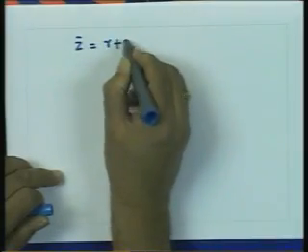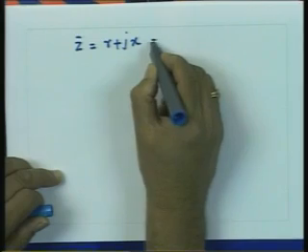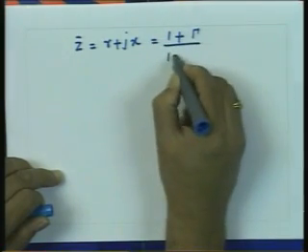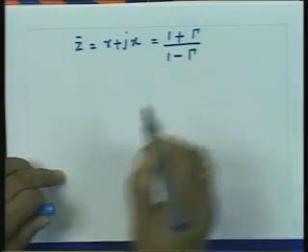So, for doing this transformation, let me go back again to the original relation which I had, and that is the normalized impedance z bar is equal to r plus jx, that is equal to 1 plus gamma divided by 1 minus gamma.